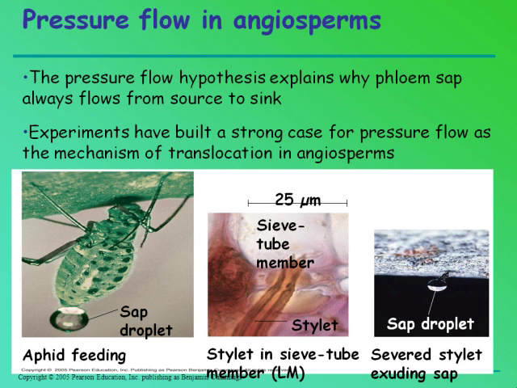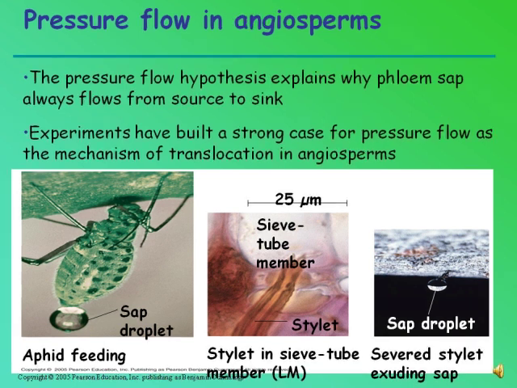The pressure forces sap out of the phloem into the stylet, and when you separate the aphid from the stylet, it exudes sap for hours. The sugar concentration of sap from stylets is measured at different points between a source and a sink.